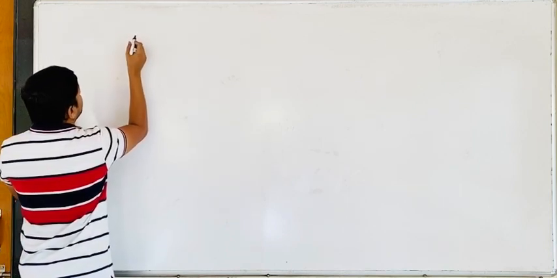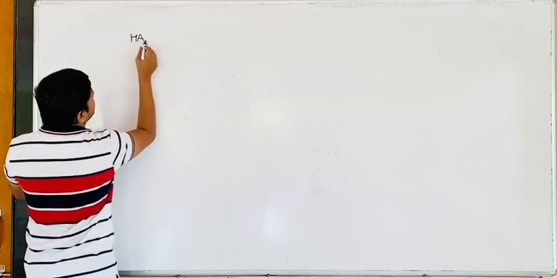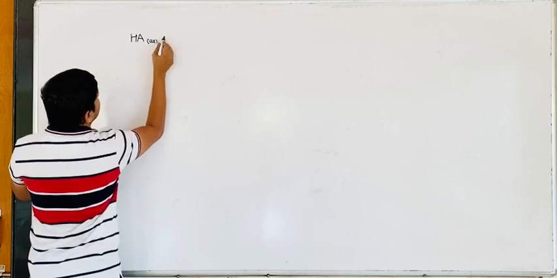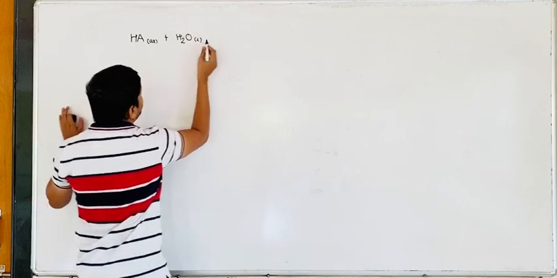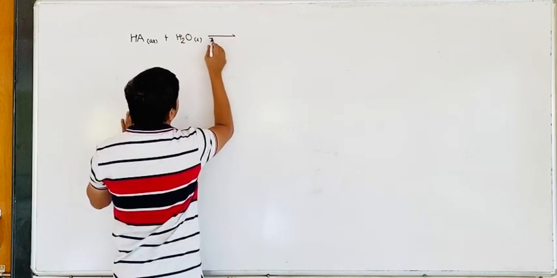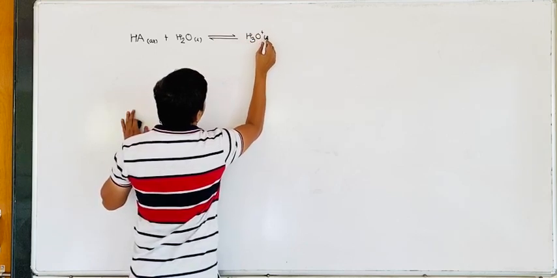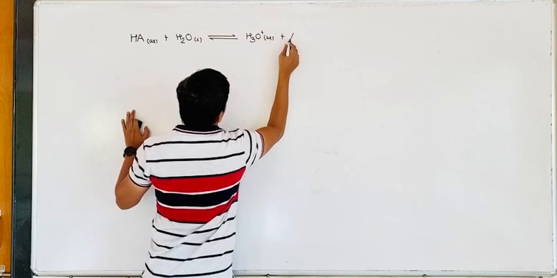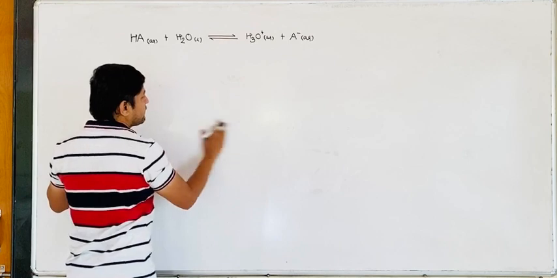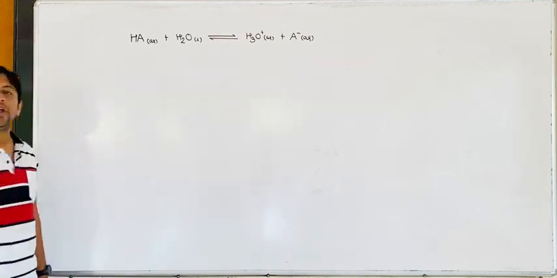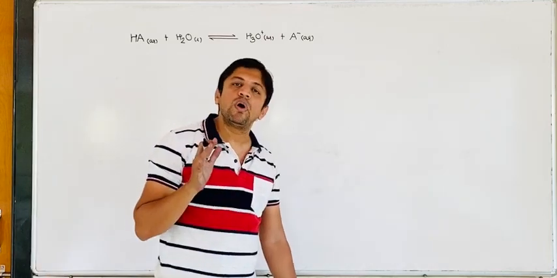Now consider acid HA. HA aqueous, dissolved in H2O liquid, undergoes a dissociation process to give H3O plus aqueous plus A minus aqueous. This dissociation process is carried out at 25 degrees Celsius when the value of Kw is constant, 10 raised to minus 14.